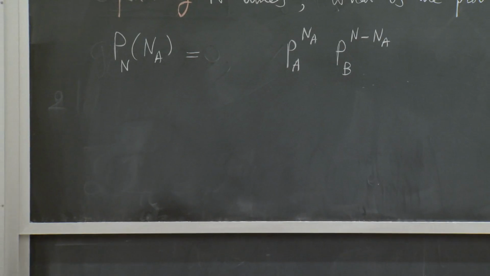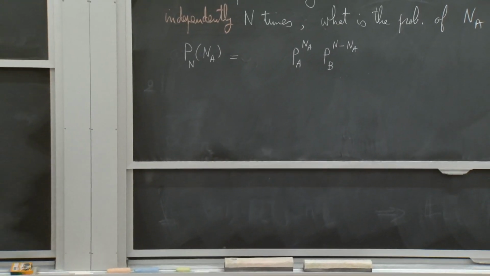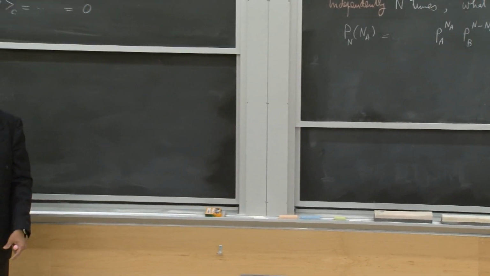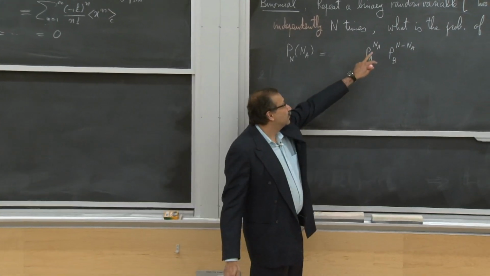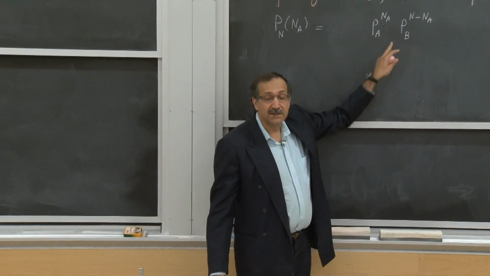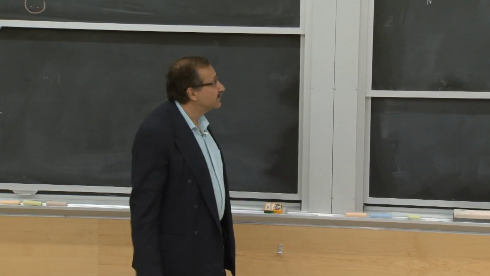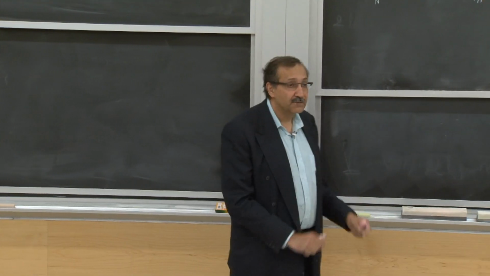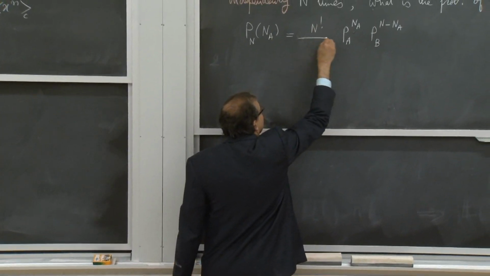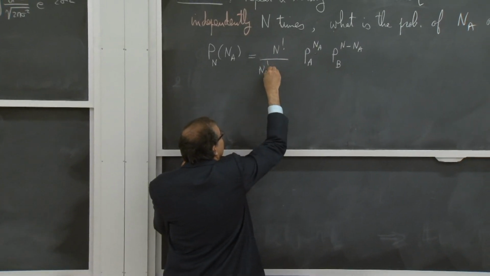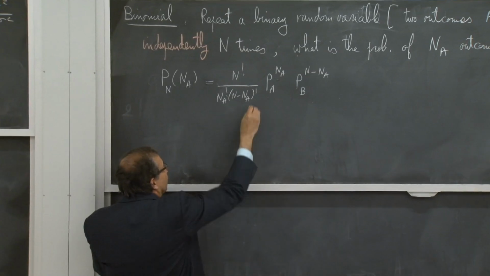So I have the probability of B for the remainder, which is n minus NA. Now, this is the probability for a specific occurrence. Like the first NA times that I threw the coin, I will get A. The remaining times I would get B. But the order is not important. And the number of ways that I can shuffle the order and have a total of NA out of n times is the binomial factor.